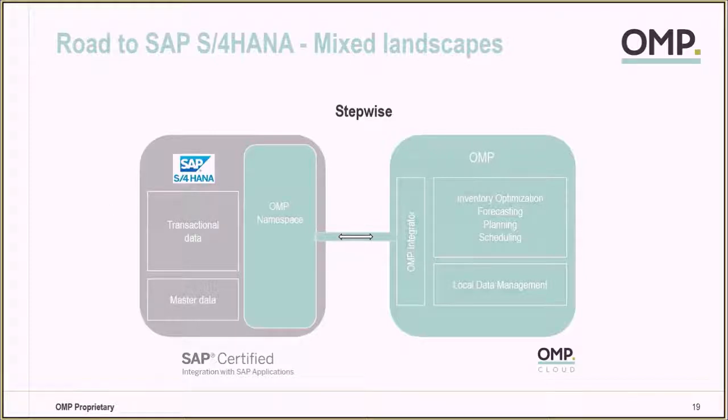Our mixed landscape support allows you to easily configure which data has to come from which system, and execution-wise, all the differences will be handled under the hood, ensuring that on OMP side, you see one solution.